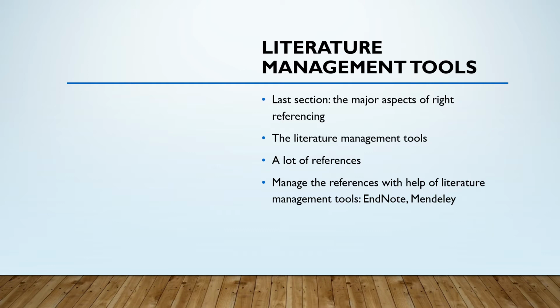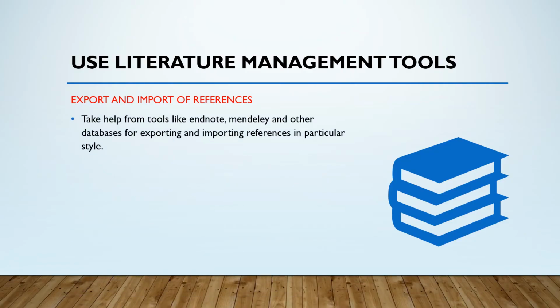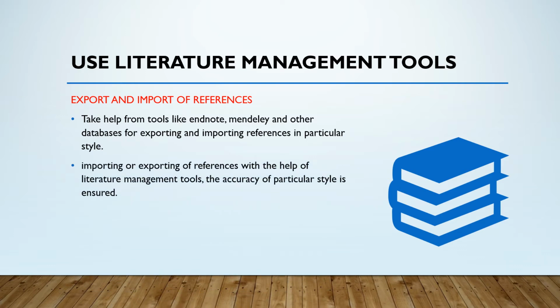Take the help of one or another kind of literature management tool like EndNote or Mendeley. We discussed this, hope you remember. What you have to do is use these tools for exporting the references from those databases into the particular style required by the journal, and then import them from the library to your text.